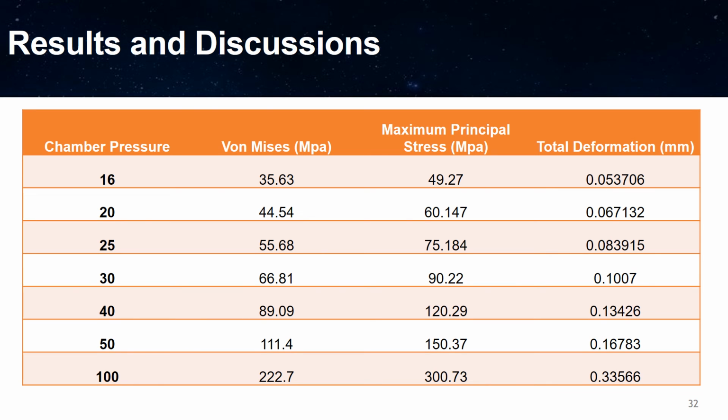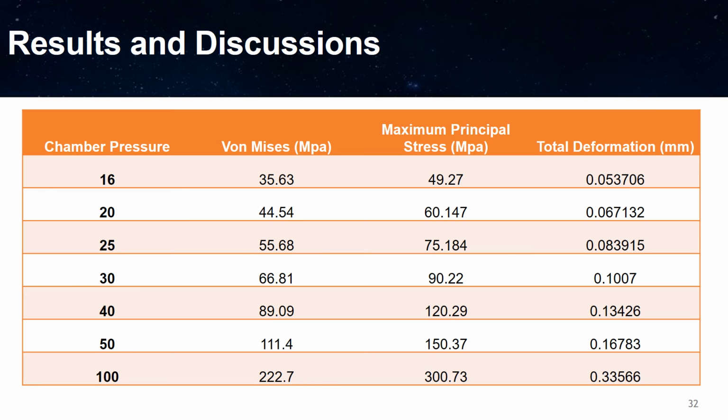So this is the table for the von Mises and the maximum principal stresses and deformations we encountered at different chamber pressures for our static structural simulation. It seems that we go from around 35 megapascal all the way to 222 megapascal.